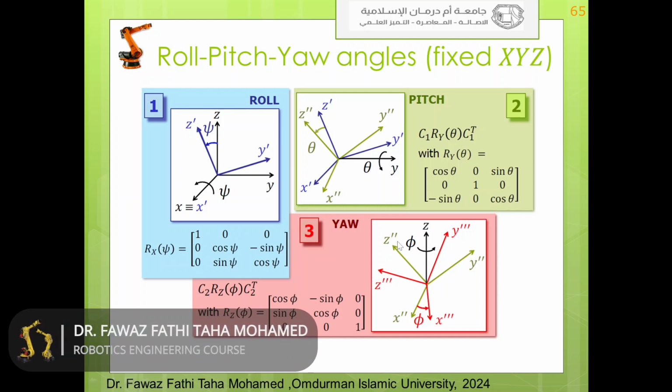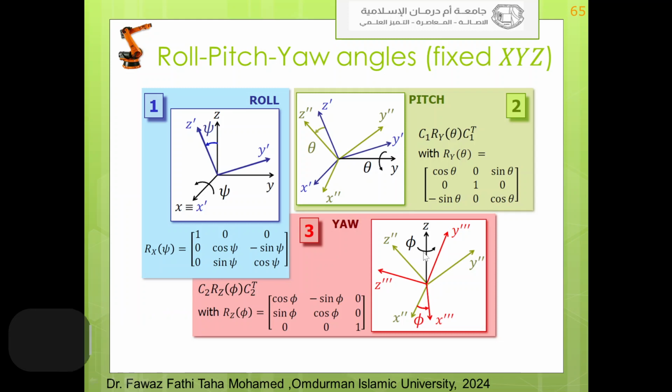So we rotate the double dash frame around this z-axis, the old z-axis, by an angle of phi to obtain the triple dash axes: x triple dash, y triple dash, and z triple dash. And here we can see the Rz phi. Okay.